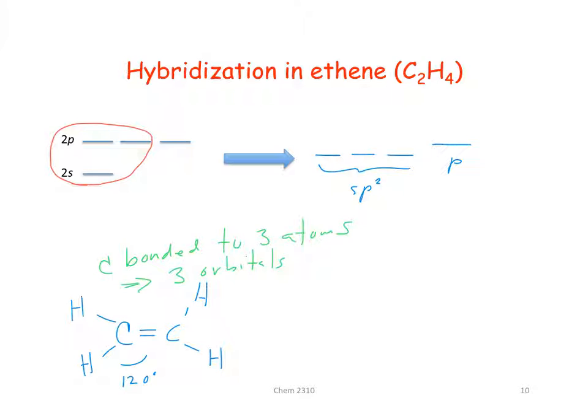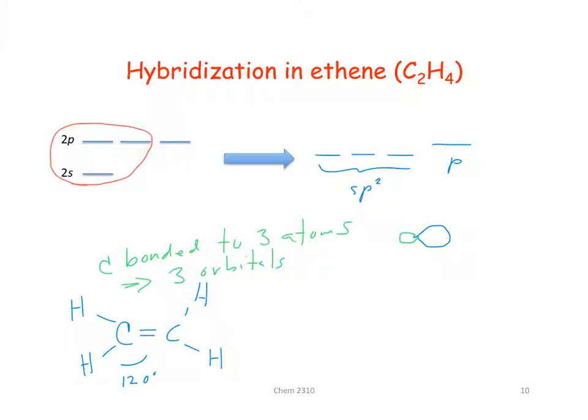Okay? These new sp2 orbitals look kind of like the sp3 hybridized orbitals that we drew before. And as far as my artistic skills go, they look the same. Okay? They have a large orbital or lobe and a small lobe. Okay? The difference here is going to be their orientation. Okay?